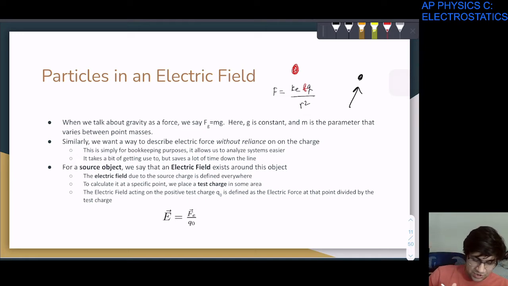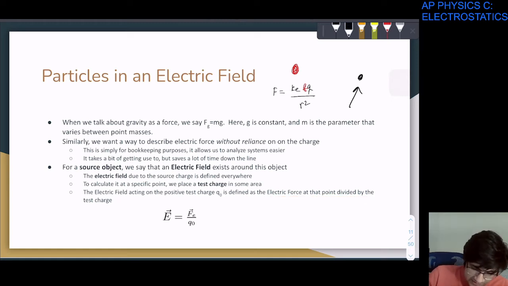At each point with respect to that source charge, what is the value of the electric force? To calculate it at a specific point, we place a test charge in some area. And the electric field acting on the positive test charge is defined as the electric force at that point divided by the test charge.